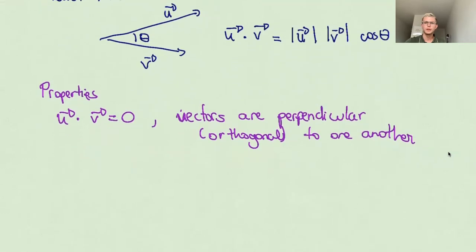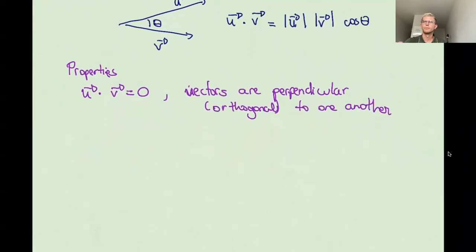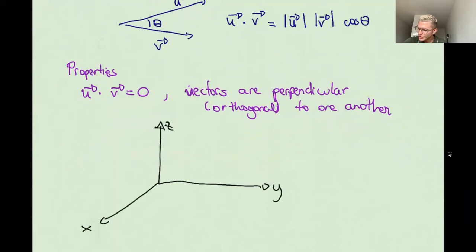Now, the other important property is this: if you have XYZ axes and you choose the origin, you can find three very important vectors, which are called the vectors i, j, and k.